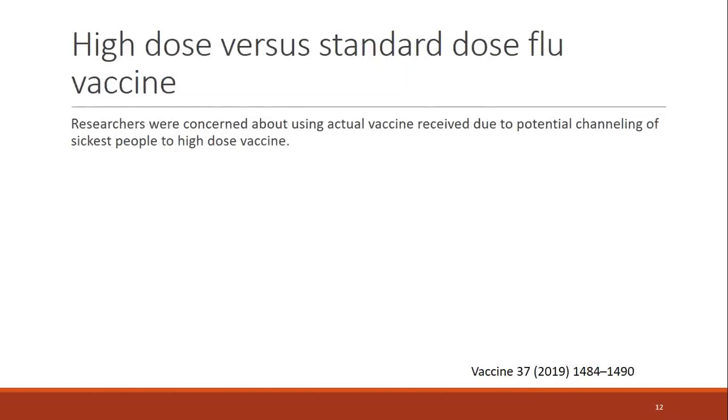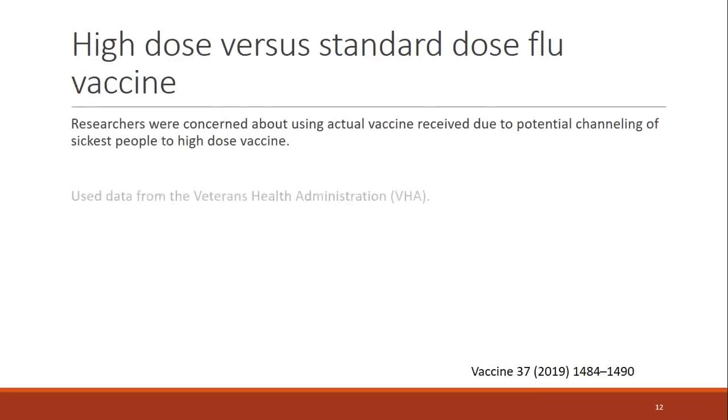Maybe that's why in the observational studies we didn't see any real benefit. The researchers who looked at this, and I put the reference here if you're interested in more, thought, well, that's the problem, because if we just go based on what somebody was assigned, it could be that those assigned the high-dose vaccine are less healthy than those who weren't. And so doing that comparison is not as effective.